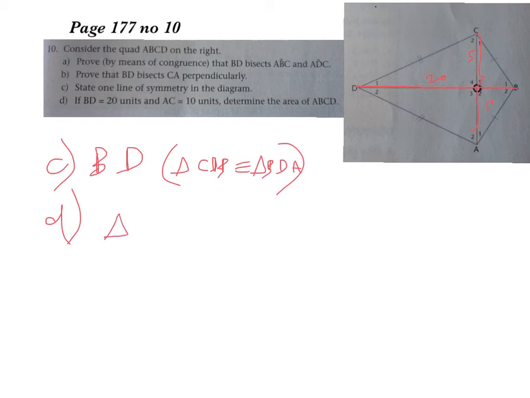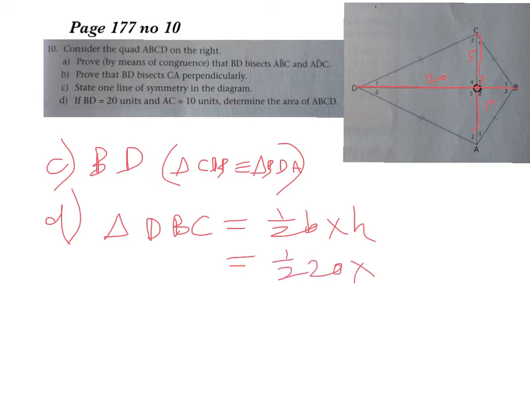So area of triangle DBC, half base times height, which is half 20 times 5, which equals 50.